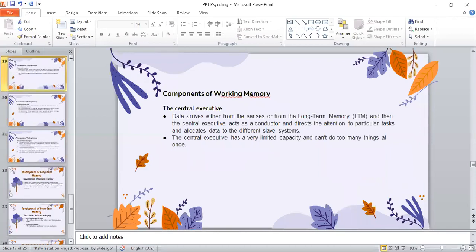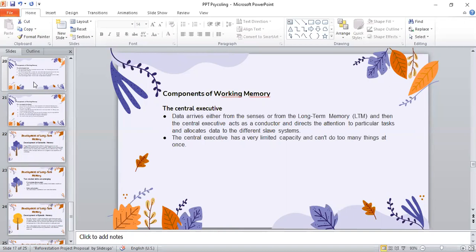The components of working memory. First, the central executive. In the central executive, data arrives either from the senses or from the long-term memory, or LTM, and then the central executive acts as a conductor and directs attention to particular tasks and allocates data to the different slave systems.